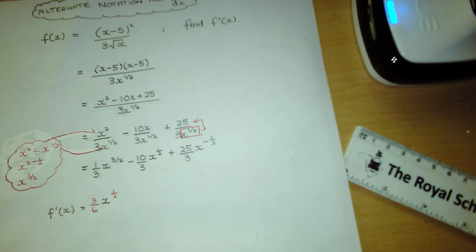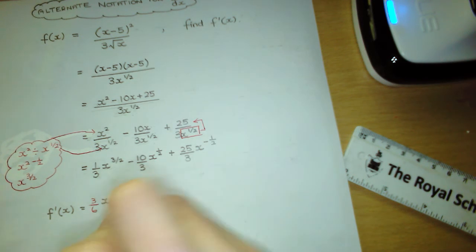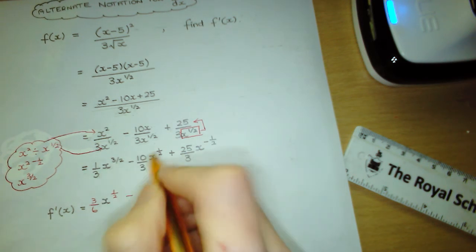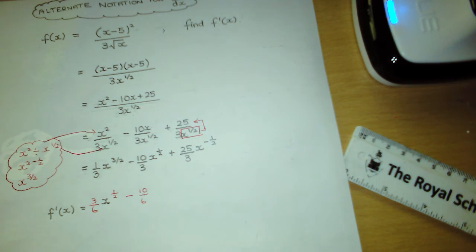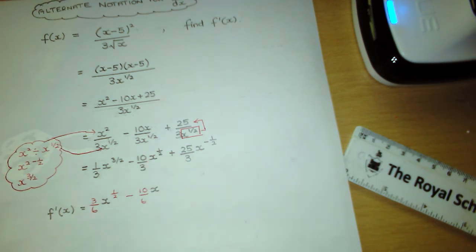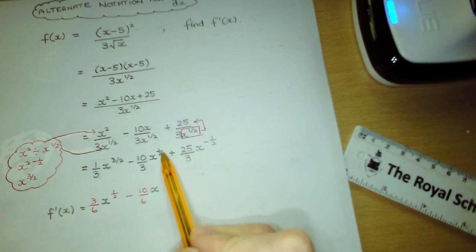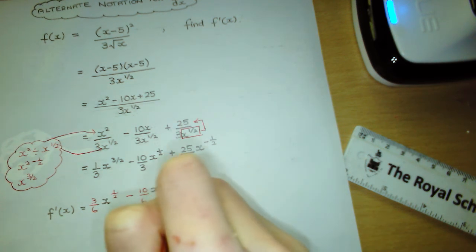And then go to our next term, multiply this term by the power of x, which is a half. A negative times a positive is a negative, and then 10 times 1 is 10, 3 times 2 is 6, so we're going to have negative 10 over 6, and then copy down x, and then subtract 1 from the power. So the power was a half, subtract 1, it's now negative a half.